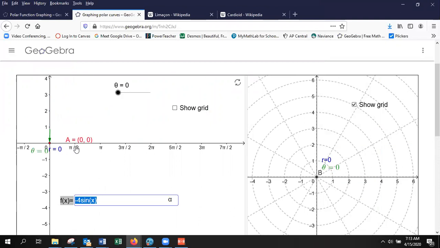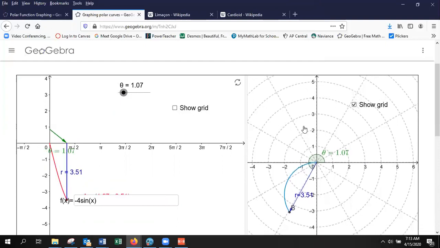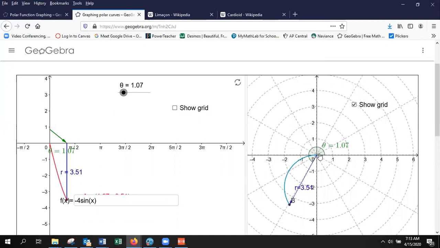And as we watch this graph get generated, from 0 to pi over 2, we're in quadrant 1. And if you remember, the sine of any of those angles in quadrant 1 is going to be positive. So our radius will be -4 times a positive value. So for our quadrant 1, we can see how this is generated. If you notice, our radius ends up being an actual negative value because it'll be -4 times a positive number from quadrant 1.